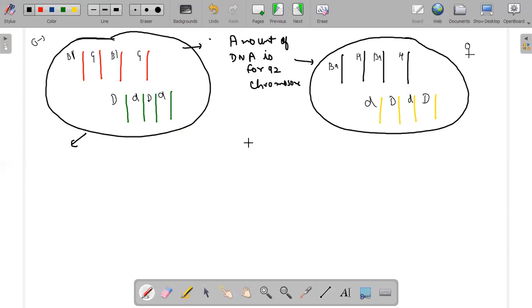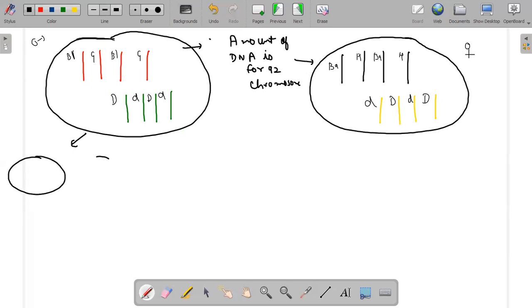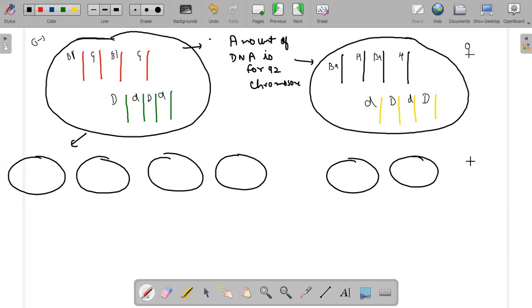So you can see how variations take place. Here I'm drawing 4 cells, and 4 gametes. One gamete from each cell, from mother and father both. 1, 2, 3, and 4.